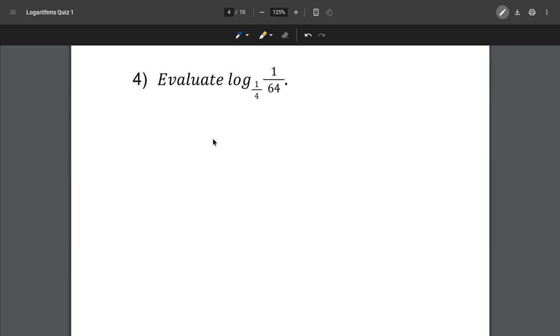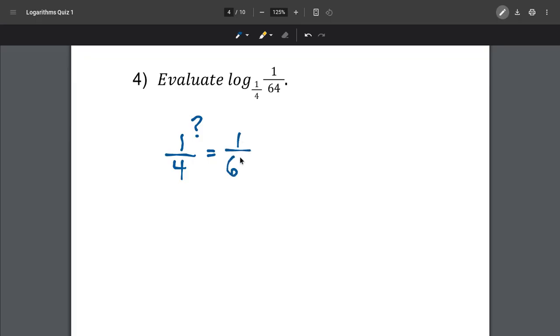All right, next one, we're evaluating the log with the base of 1/4 of 1/64. So what that's asking me is what power of 1/4 equals 1/64.